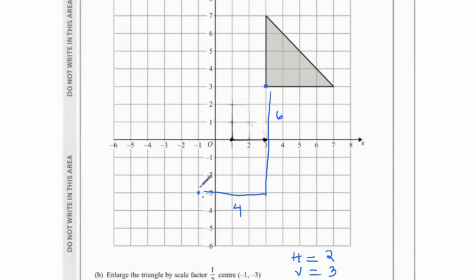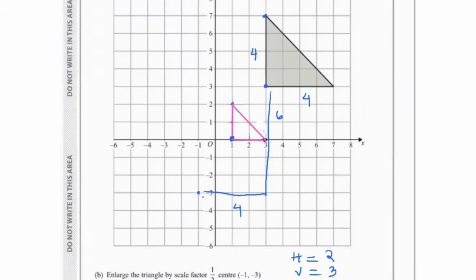So now over here we go 2 and then we go 3 up. So that's this point. This distance is 4, so 4 divided by 2 is 2. So this point comes over here and this distance is also 4. So again, 2. Which means if we connect the points, this is our enlarged shape.